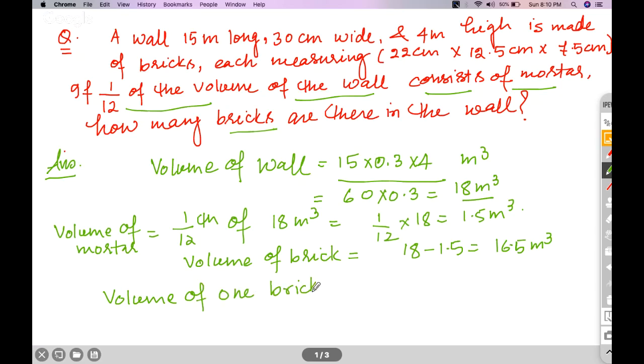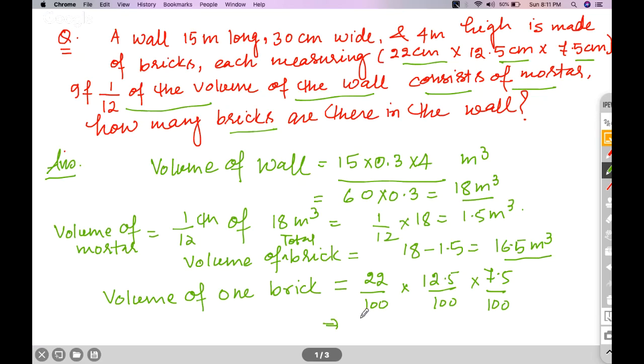As I have taken the total volume of bricks in meter cubes, the volume of one brick also I will convert into meter cube. So this becomes 22 by 100, this becomes 12.5 by 100, and this becomes 7.5 by 100.